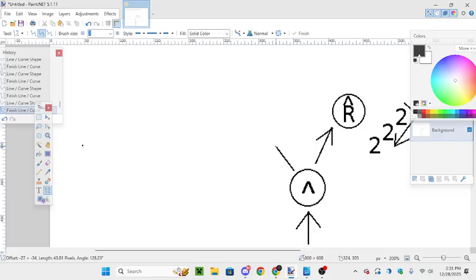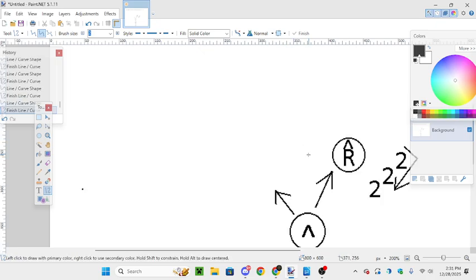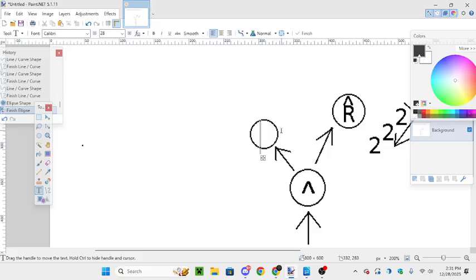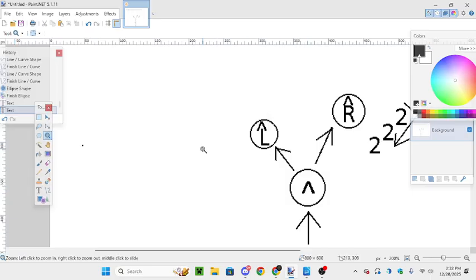Left tetration is just going the other way. You're iterating exponentiation, but you're going the other way. So this is my little symbol for left tetration right here.